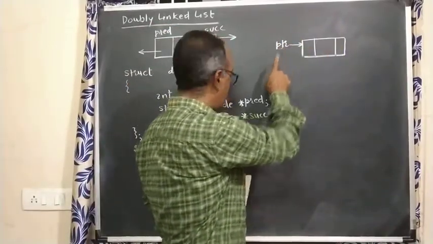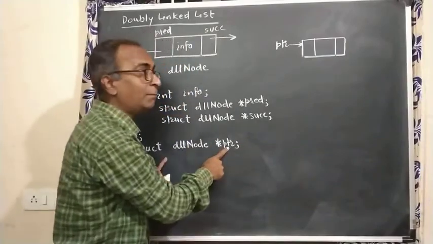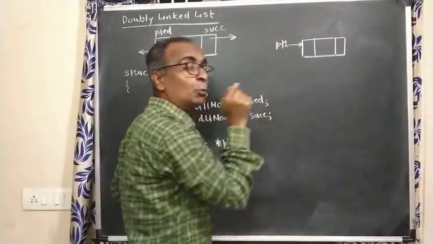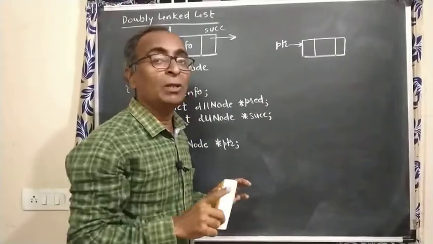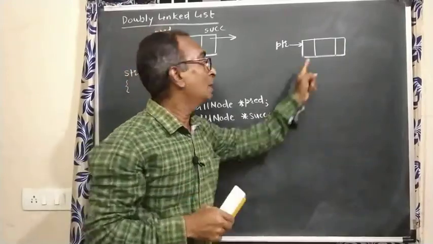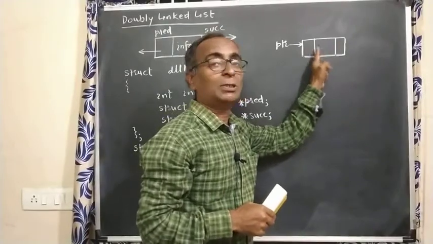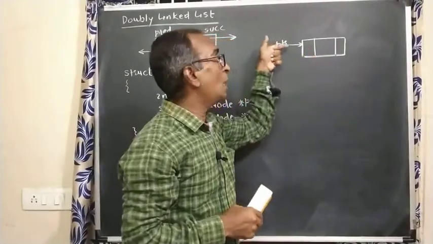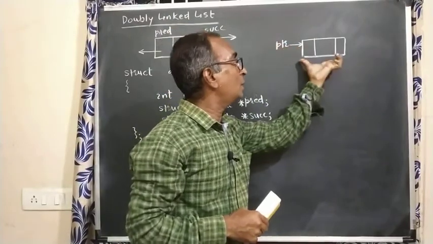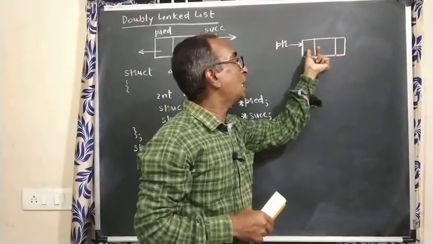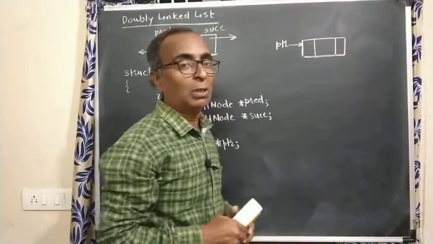This pointer, whatever we have declared, this is different. By means of node's address, as we have seen in singly linked list, keep in mind, you can access the fields of this structure only when you have a pointer. When you have pointer to this node, then you can access all these fields. How to access?